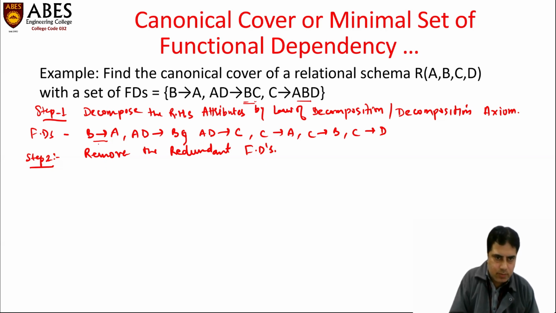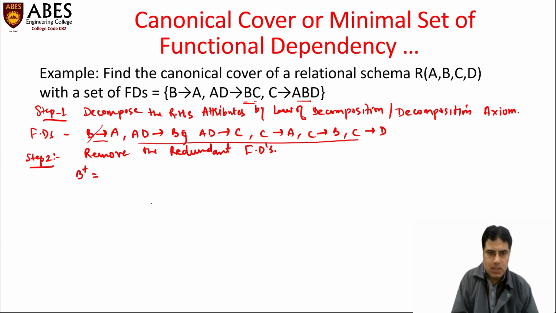Otherwise, we can't. So what is the procedure to check this? Remove the redundant. First, we will remove B determines A. Now, take the closure set of B from the remaining functional dependencies. From B, we can determine B. Now, from B, we cannot determine anything else.